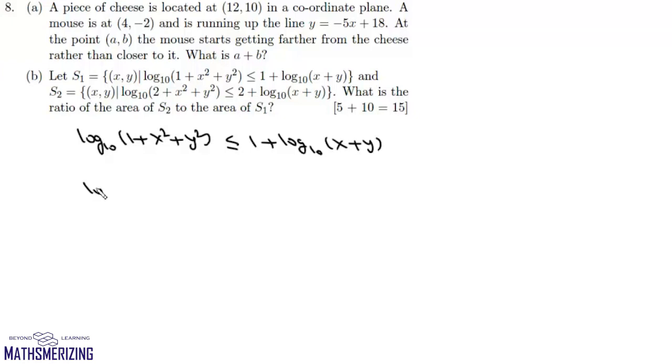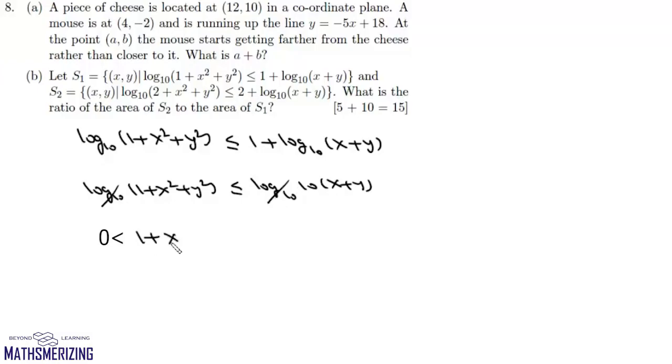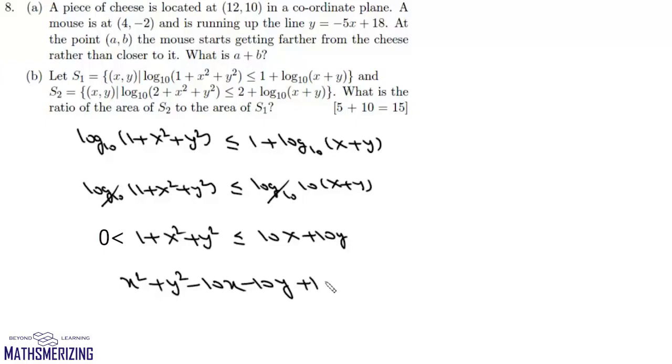Now we can write log(1 + x² + y²) less than or equal to log 10(x + y). Since the base is greater than 1, we can cancel log with log. So we can write 1 + x² + y² is less than or equal to 10x + 10y, which represents the region inside this circle, which is x² + y² - 10x - 10y + 1 = 0.